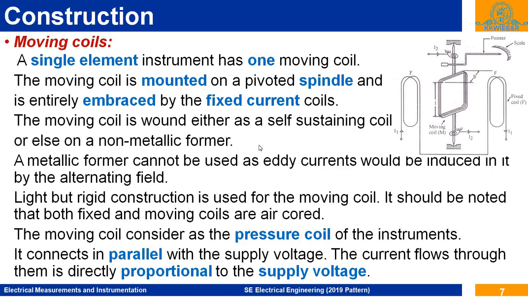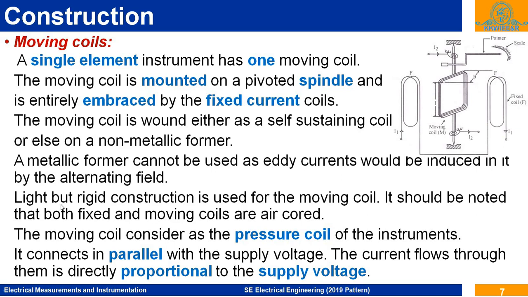The moving coil is wound either as a self-sustained coil or else on a non-metallic former. To avoid the eddy current losses, these coils are air cored. They are wound on a non-metallic former, or a non-metallic material is used to wind this, so that the eddy current losses or the hysteresis losses are avoided.